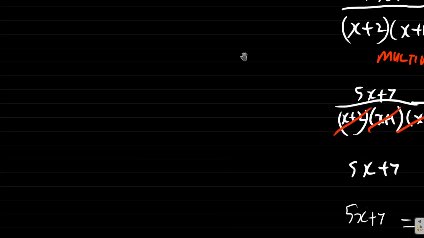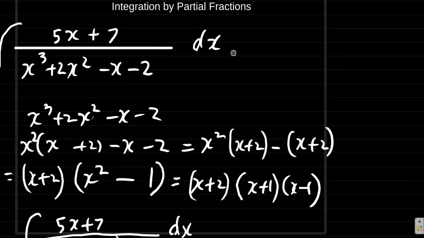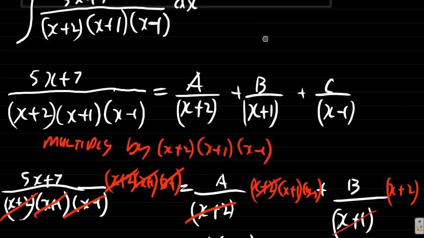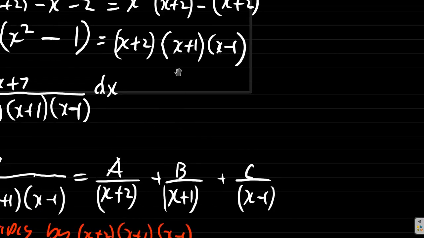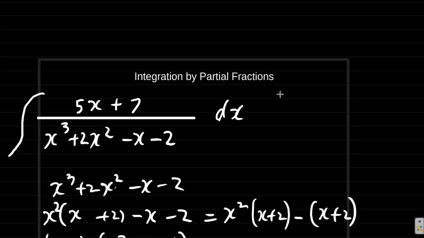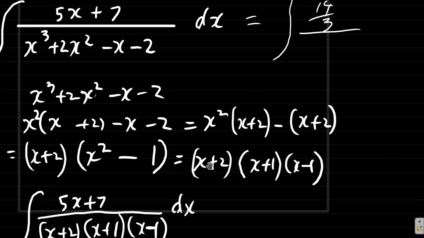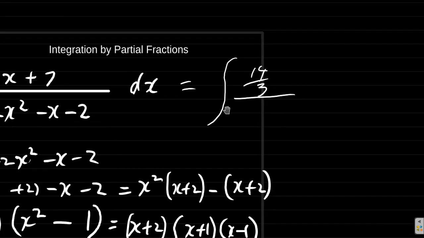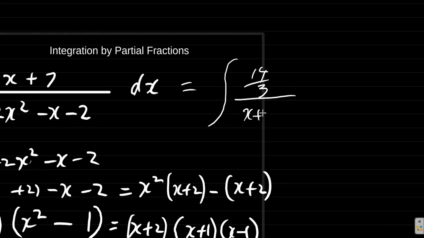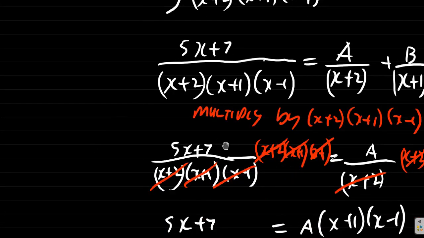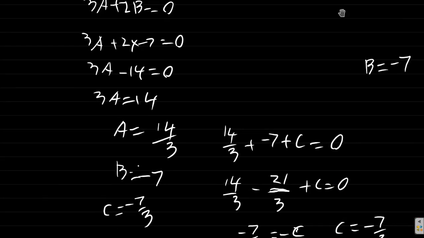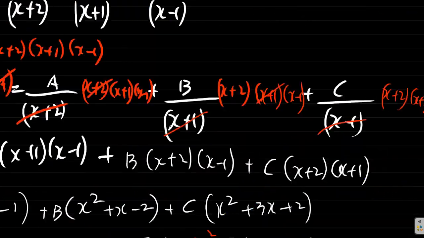A is 14 over 3. So let's scroll back up here. So this can be written as the integral of 14 over 3 over, and it was a over x plus 2, so it's x plus 2. Alright, what was b again? B is negative 7.